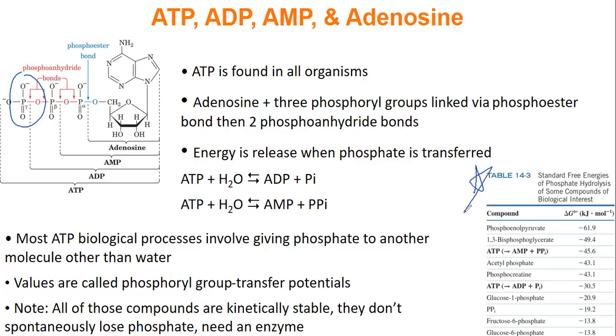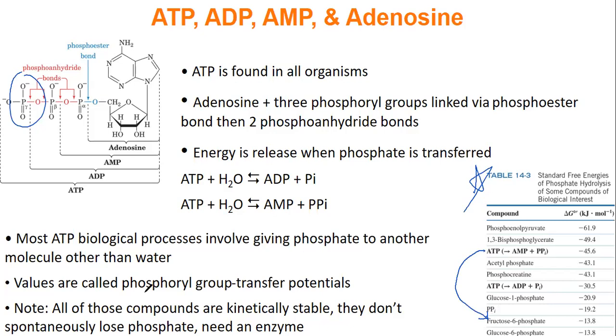Here we have a table of phosphate hydrolysis. Basically, how much energy do you get when you remove a phosphate? The idea is that you take a high energy compound like ATP and you stick that phosphate on something else like a fructose or a glucose, which has a lower free energy. And it's that free energy difference that allows us to do work.